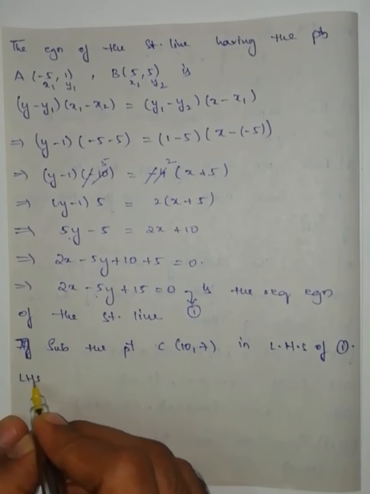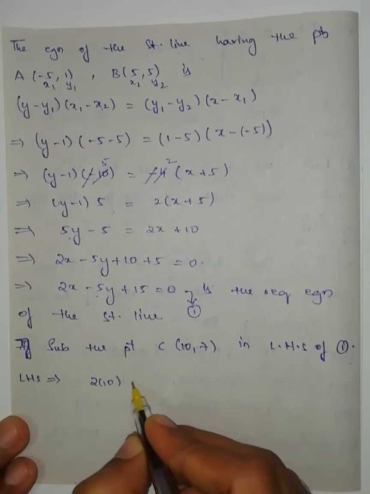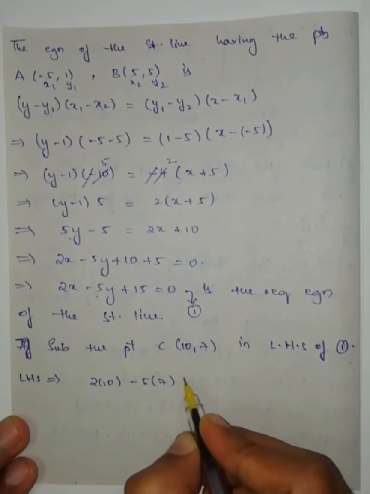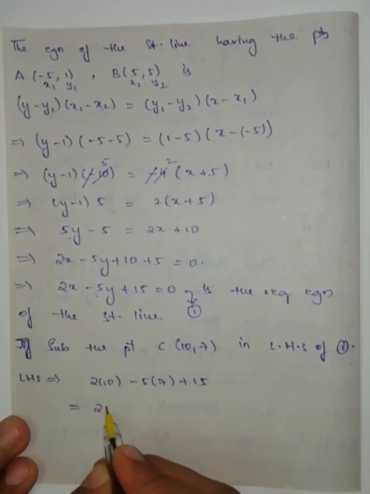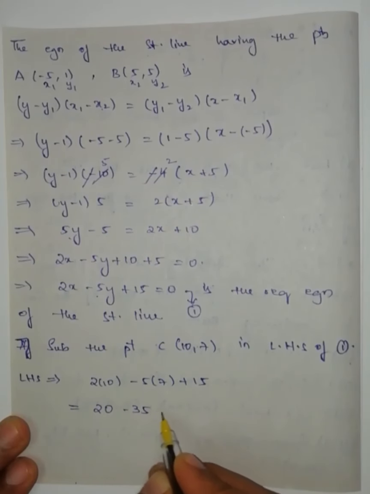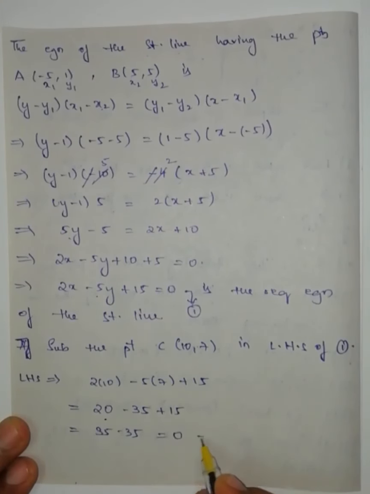Therefore LHS is 2 into 10 minus 5 into 7 plus 15, which is 20 - 35 + 15, which is 35 - 35, equal to 0, nothing but RHS.